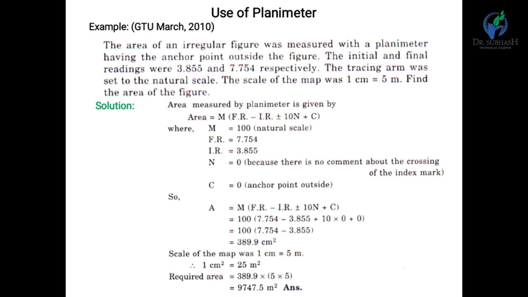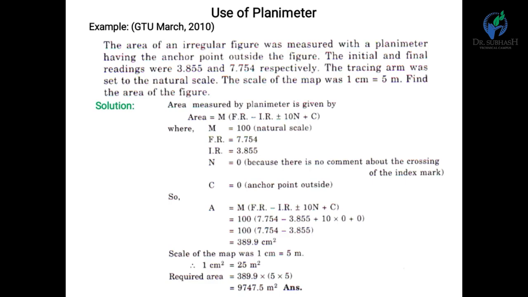In the given data, we can get the readings of M, FR, IR, N and C. It is mentioned that the N value is 0 because there is no comment about the crossing of the index mark. So we put N equal to 0, and C equal to 0 because the anchor point is outside the figure.